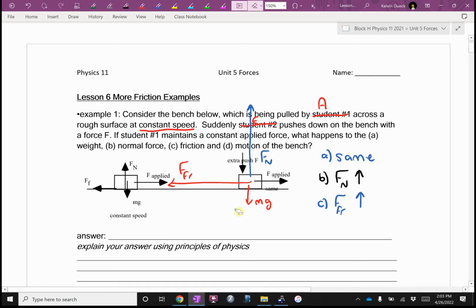Looking at this free body diagram, which way is this bench moving? Still to the right, but which way must it be accelerating? So how will this bench, it says describe the motion of the bench. How will this bench behave? Slow down and come to a stop. It's going to slow down and come to a stop.